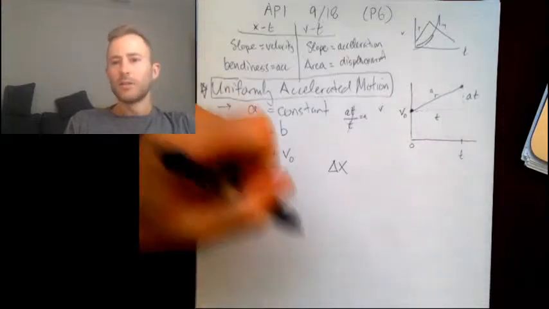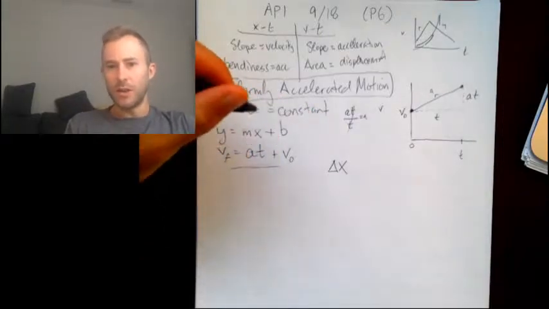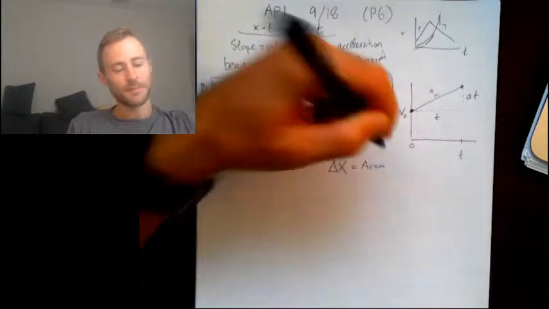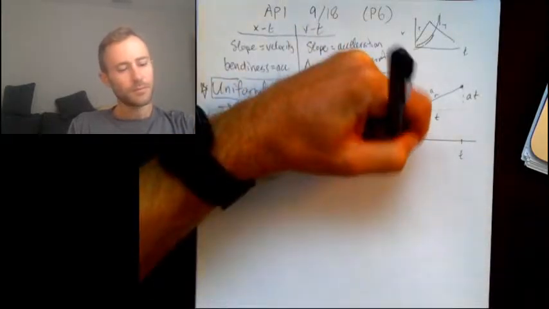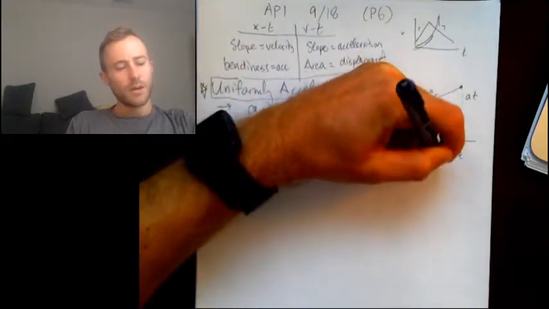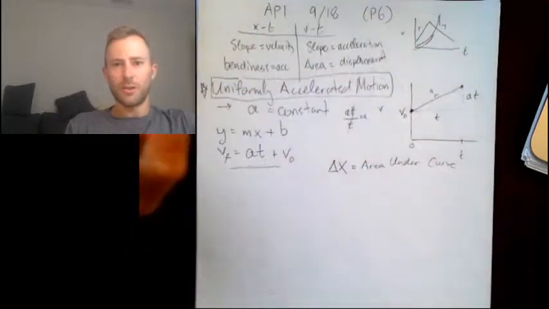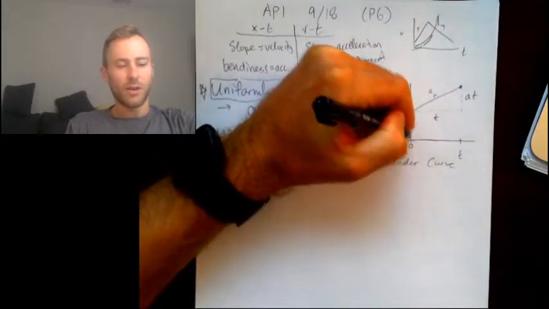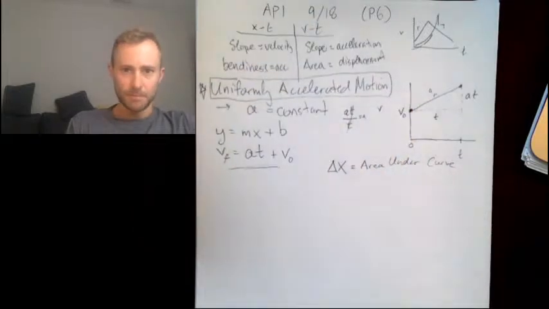I can see that many of you typed in area. Excellent. Area under the curve. So let's calculate the area under the curve. When I say area under the curve, it's the area of this trapezoid.